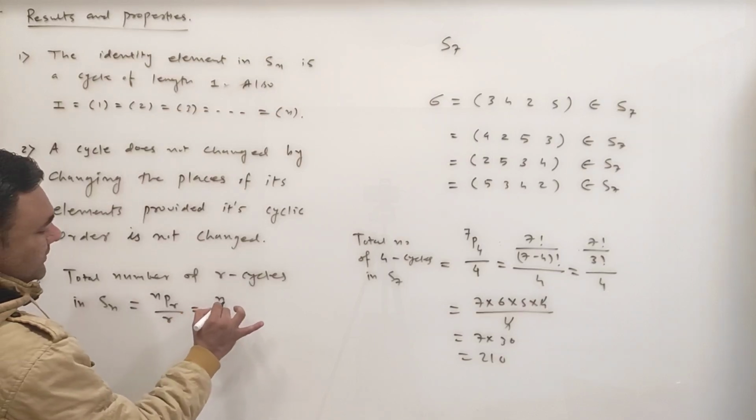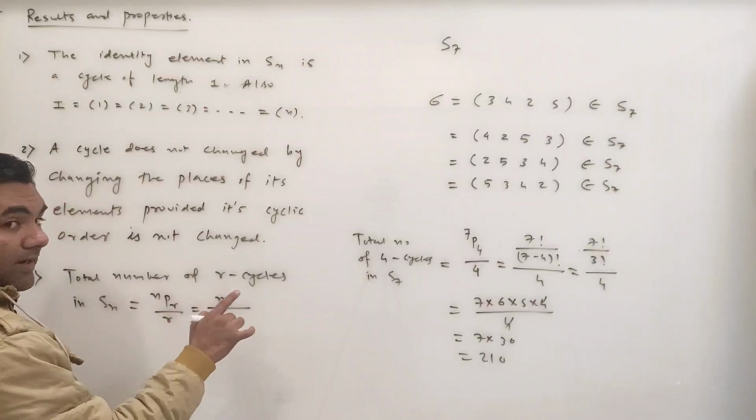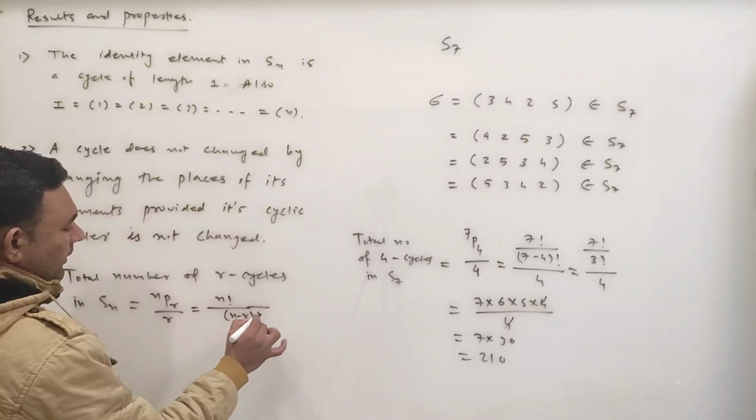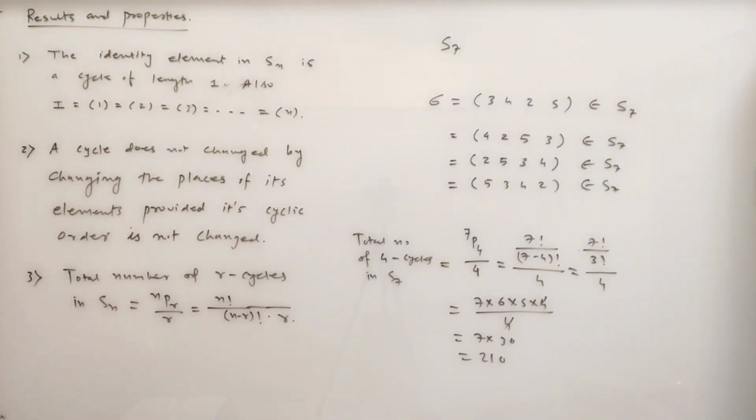That is what? It is n factorial divided by (n minus r) factorial, into r. So this is the total number of r cycles in Sn.